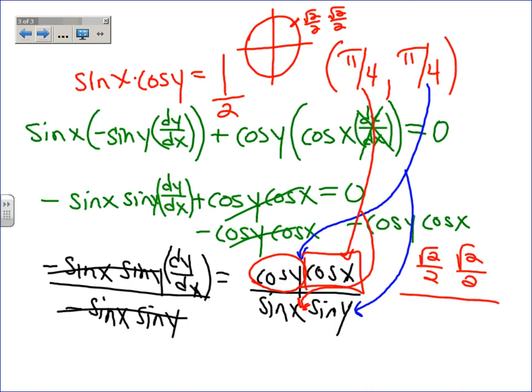All over sine of x, square root of 2 over 2, and sine of y, square root of 2 over 2. So in other words, all of this work to get 1. Yes.